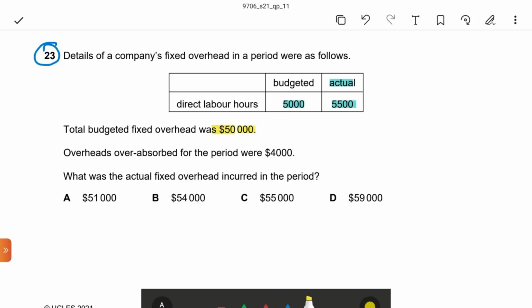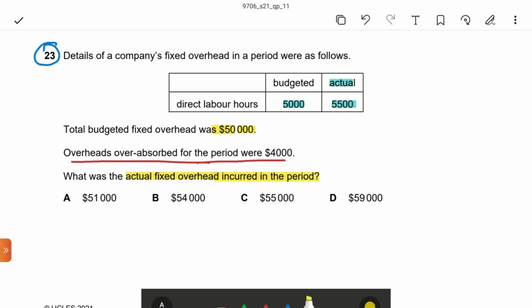So total absorption will come to 55,000. Overhead was over absorbed for the year by 4,000. What was the actual fixed overhead incurred in the period?